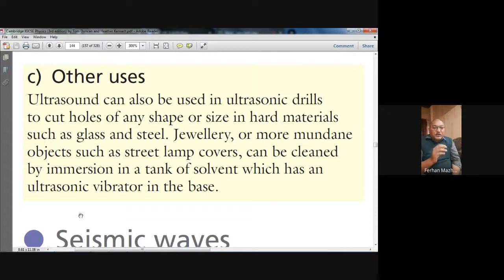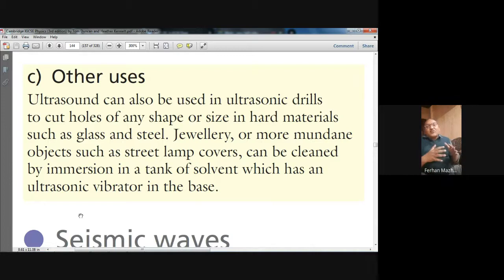When that transmitter produces ultrasound in that water, vibrations are produced in the water. And those vibrations will dislodge any kind of dirt or unwanted material in the jewelry.